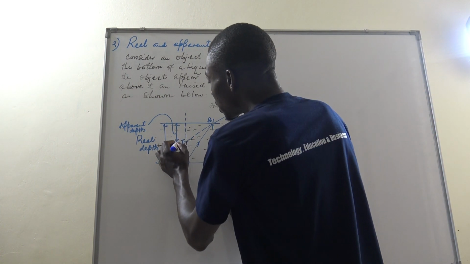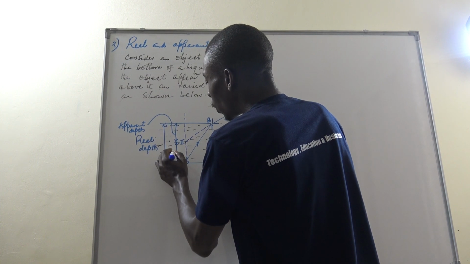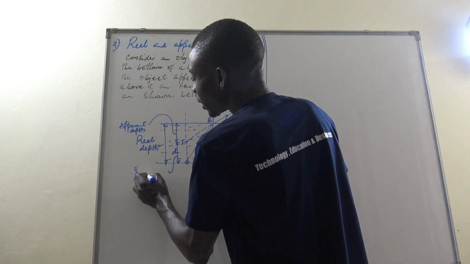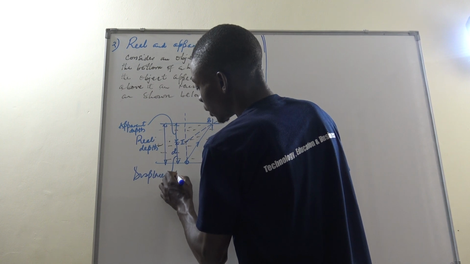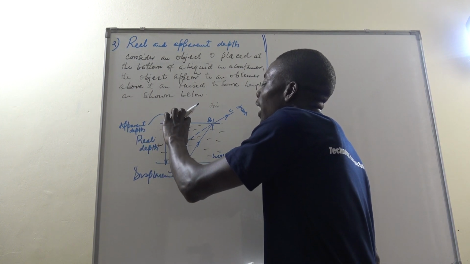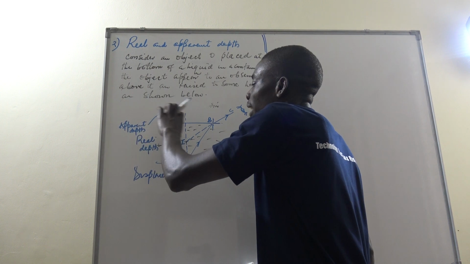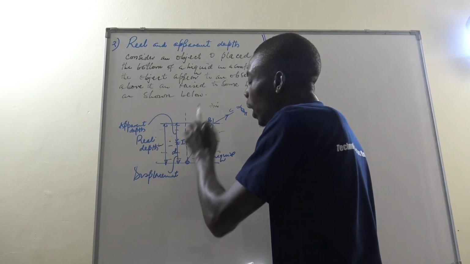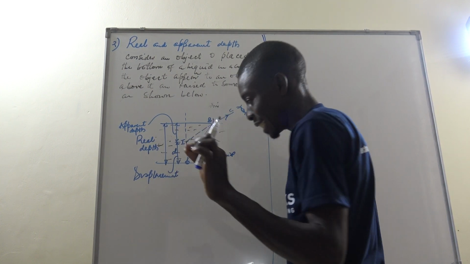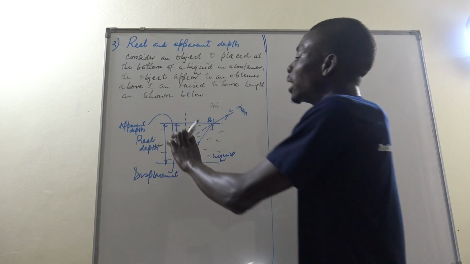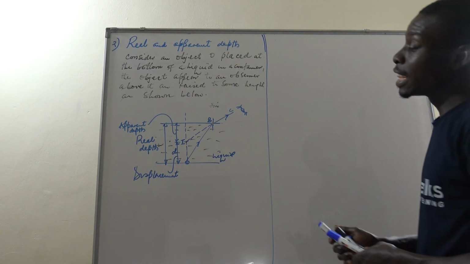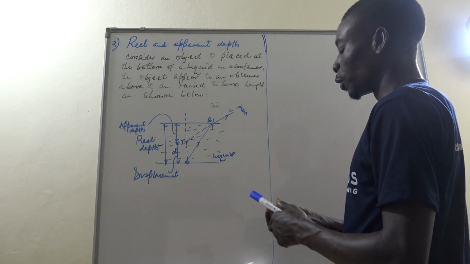And now, this is exactly, I can call it D, which is what we are calling the displacement. In reality the real depth is this, but now it looks like it is this point. Now the depth is just this apparent depth. But if the object which is here is now appearing to be here, that means it has been displaced from here to this point. So D is the displacement by our observation. And what is bringing all this is the effect of refraction.